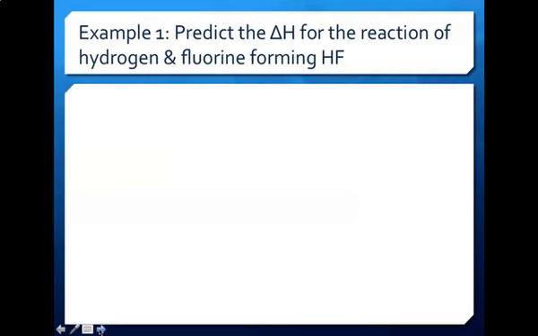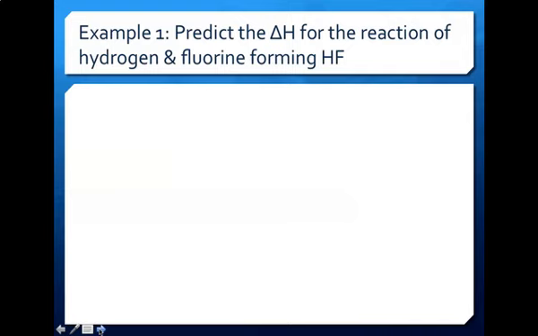So we want to predict the change in energy for the reaction when we take hydrogen and fluorine and we form hydrogen fluoride, or hydrofluoric acid is another word for that one. Are any of the elements that are on their own, hydrogen and or fluorine, diatomic? H is, absolutely. F is as well.